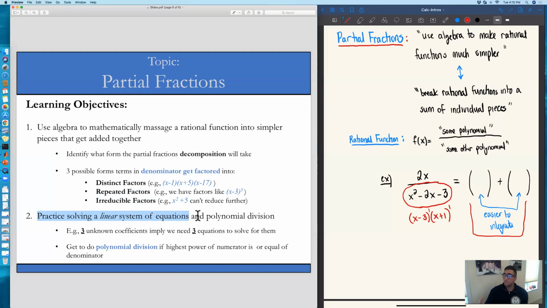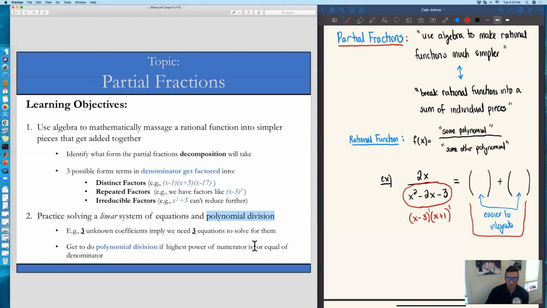The other thing we'll get to do in this unit is practice our polynomial division. And this will happen whenever we're trying to figure out what the decomposition of our partial fractions should look like, and the numerator to begin with has a higher power in it than the denominator, or a power greater than or equal to that of the denominator.